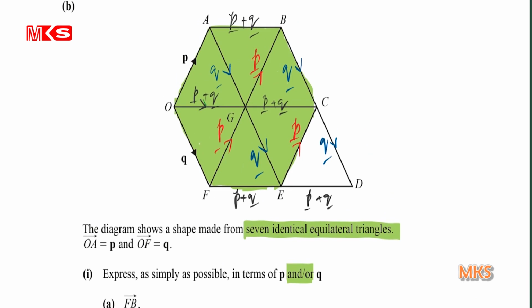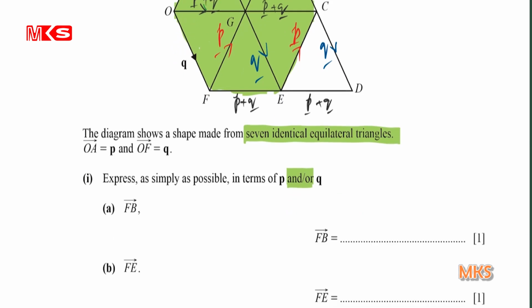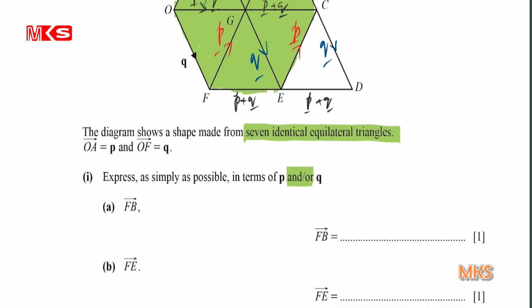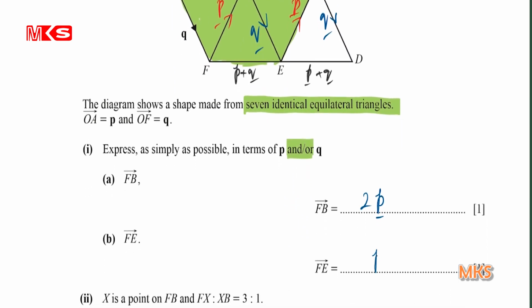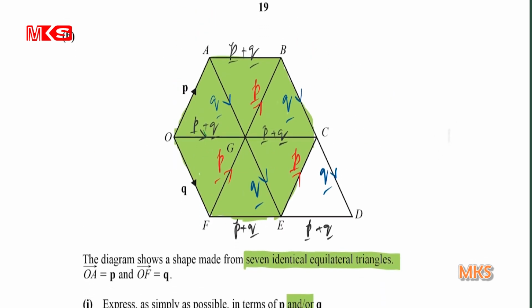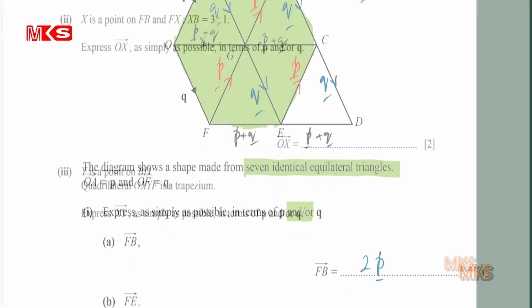Here you can see FB is FG plus GB, so it will be 2P. And then FE, we have discussed here, that is P plus Q. If you know all these properties, things will become much easier for you.